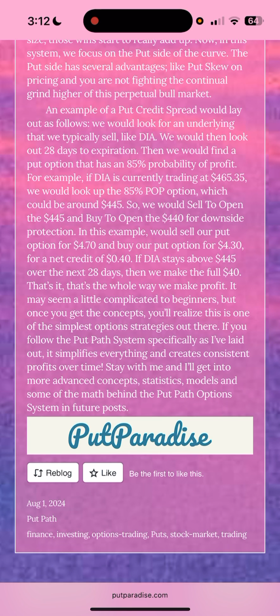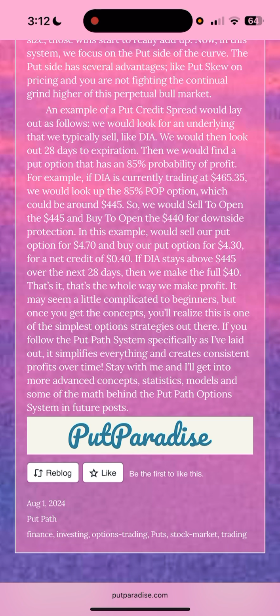I'm going to talk you through all of the details on capital efficiency and underlyings and laddering and all of the details, but that's really as simple as it gets. So put credit spreads in a very simple way that beginners can understand. That is exactly what this website is all about.